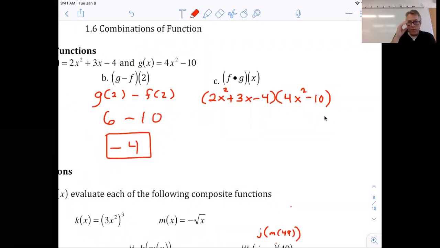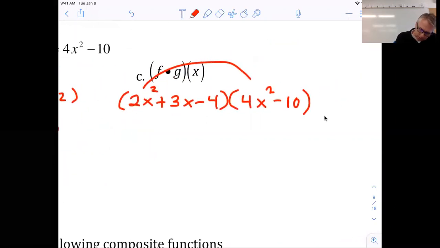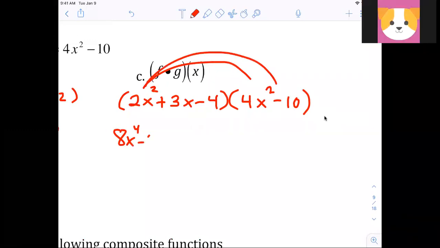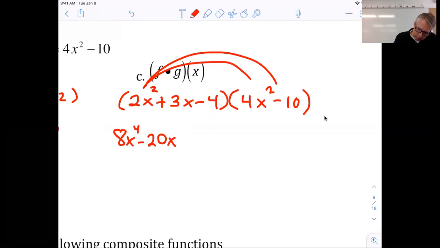All right, so let's FOIL these guys, okay? So 2x squared times 4x squared, that's going to be 8x to the 4th. That times that is going to be minus 20x squared. And 3x times 4x squared is going to be plus 12x to the 3rd.